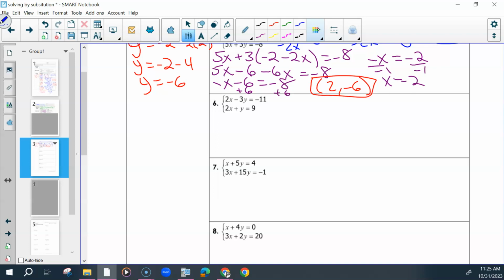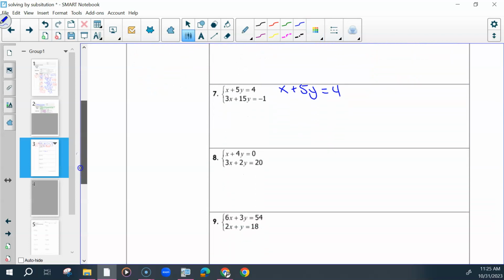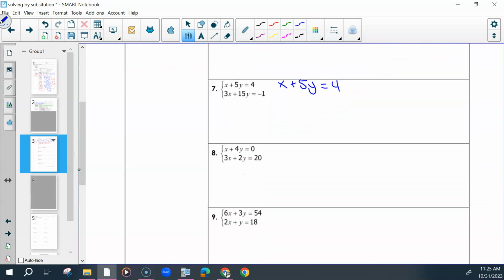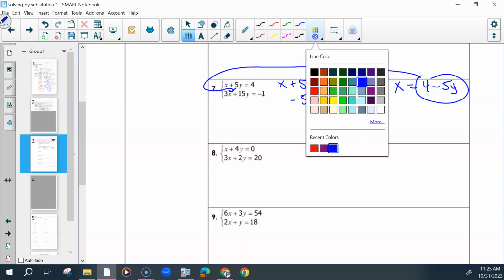So I'm going to rewrite this so that I solve for x. By doing what? Subtracting 5y. So x equals 4 minus 5y. And we're going to put that back into the other equation, where x is.